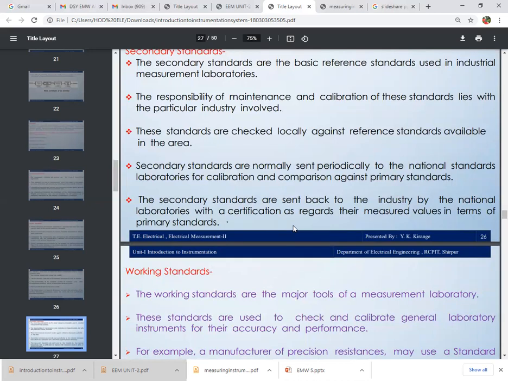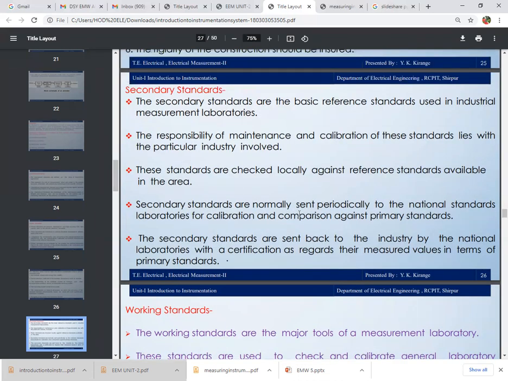The maintenance of these secondary standards is taken care of by the industrial laboratories, and these standards are checked by the reference standards available in the area.